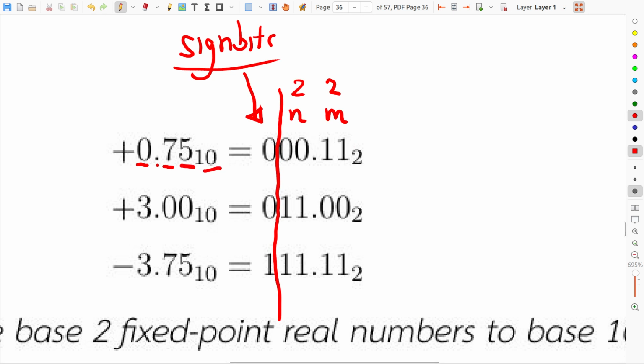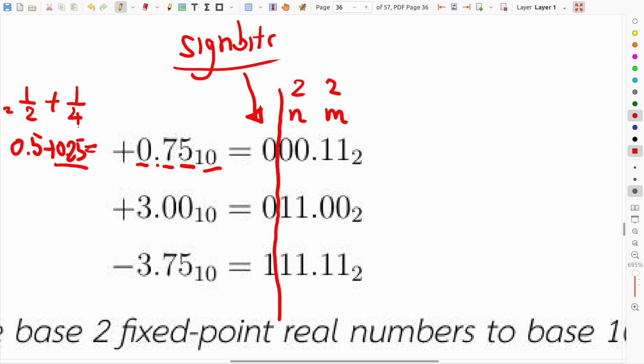Alright, let's take a look. 0.75 base 10. 0.75 equals 0.5 plus 0.25, right? So 0.5 is 1 over 2 plus 0.25, that's 1 over 4. Therefore, the integer part is 0 because it's less than 1.